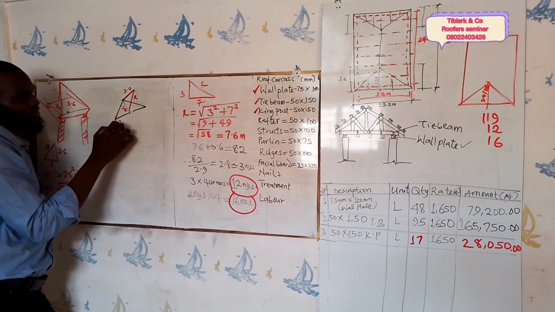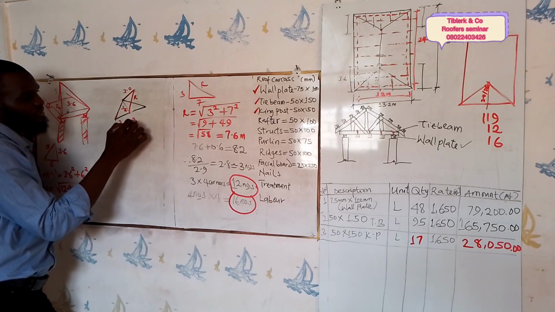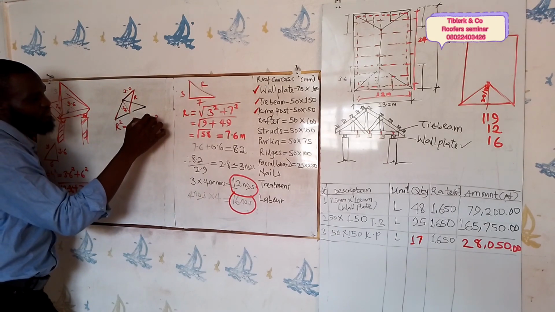Let's call this our new R now. So R squared equals 3 squared plus 3.6 squared.